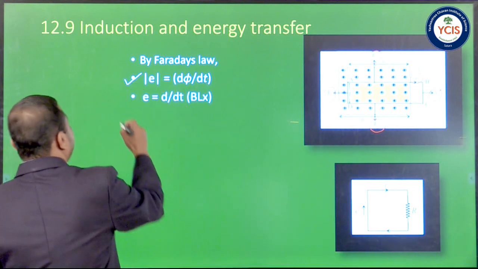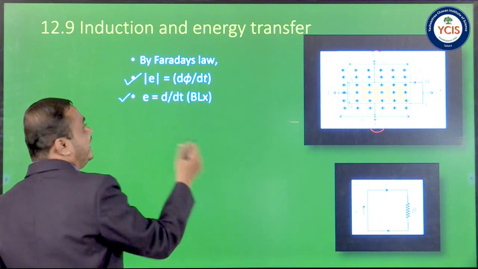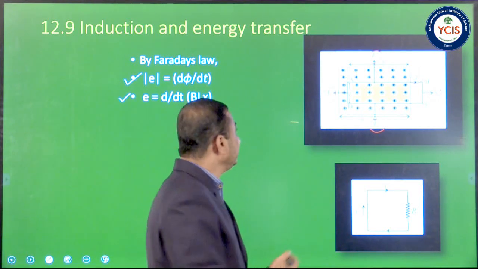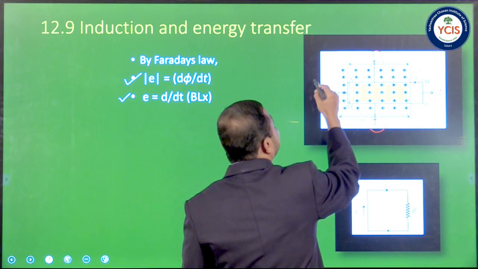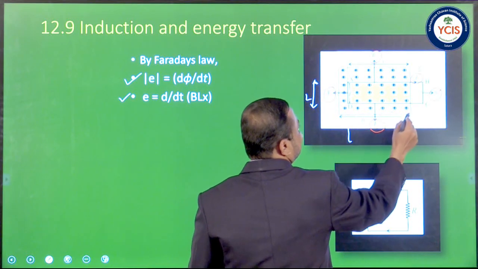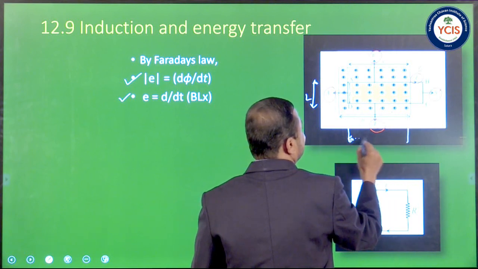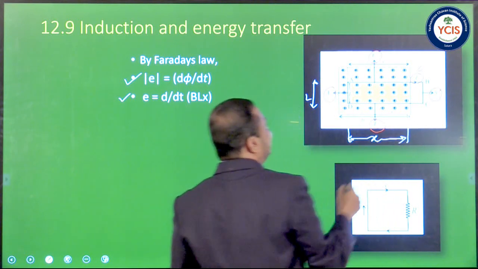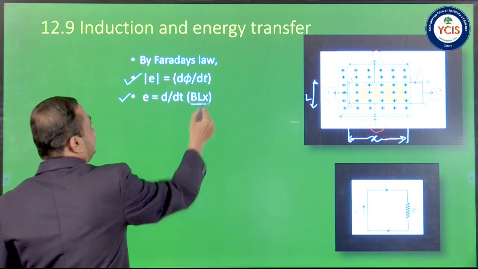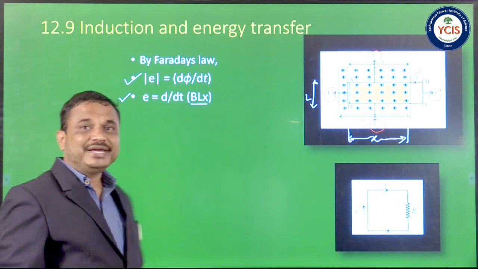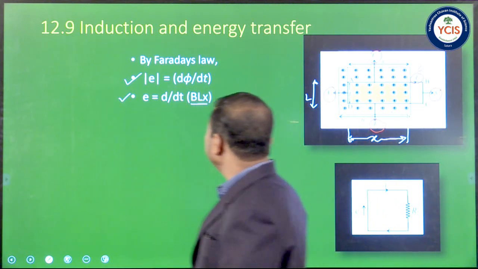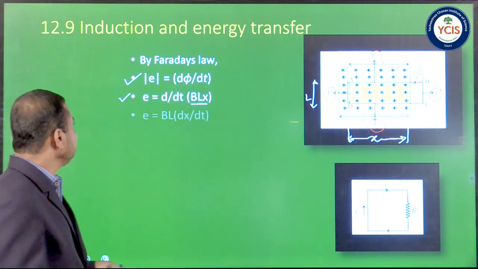So E is equal to d/dt of B L x, where Lx is the area of the rectangle. L is this length and x is this side. So B times Lx gives the magnetic flux, and E is equal to d/dt of BLx.